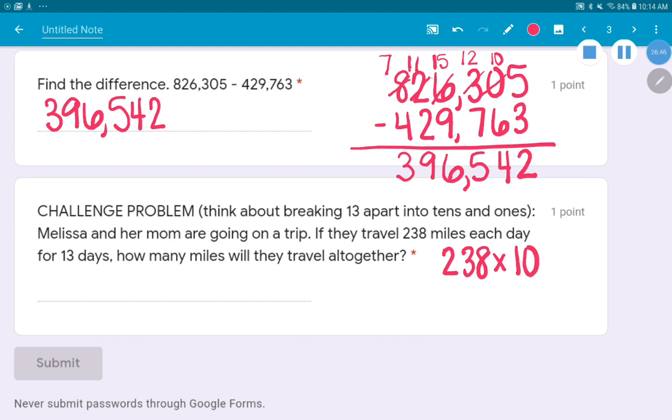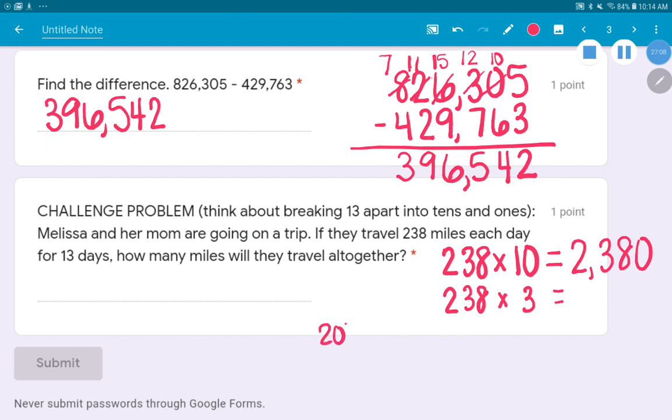Okay, so what if we break it into tens and ones? If we did 238 times 10, what happens when we multiply by 10? It goes up by 10. Yeah, each place value shifts to the left, so we would have 2,380. Now we just have 238 left to multiply by 3.